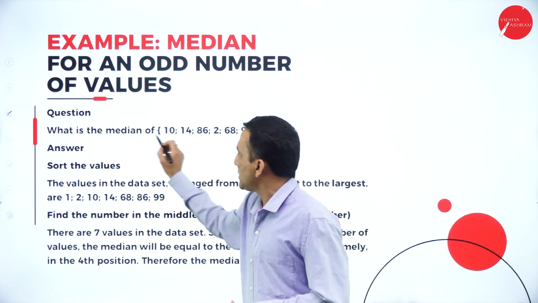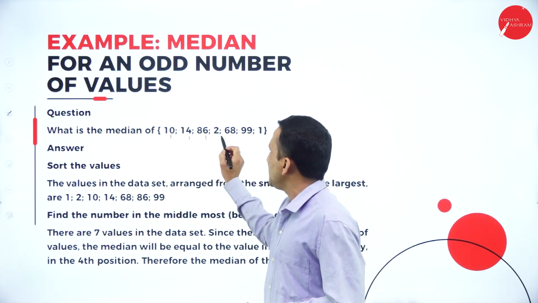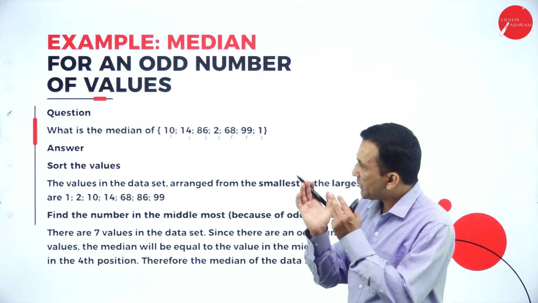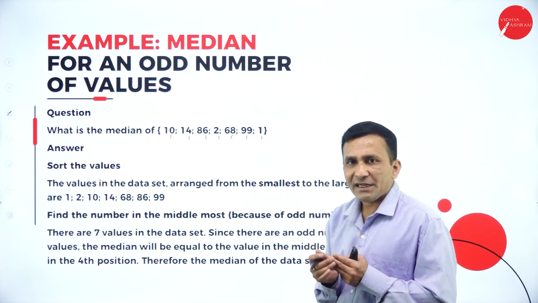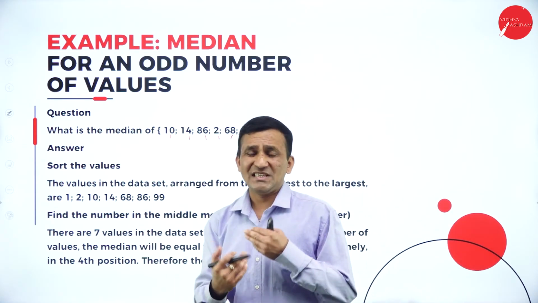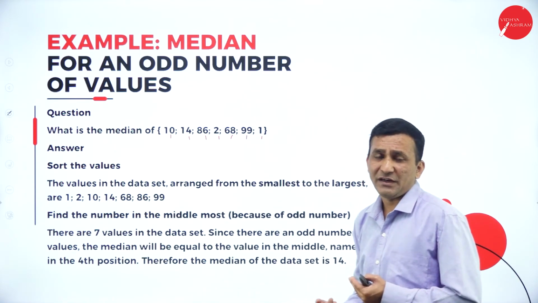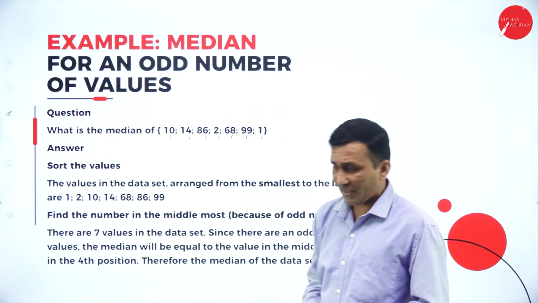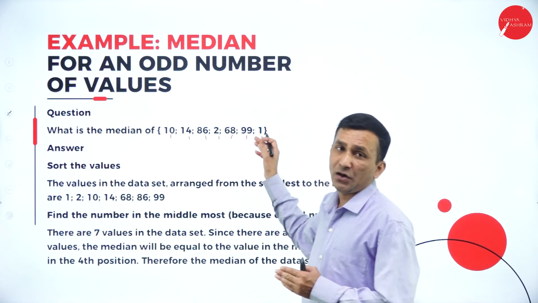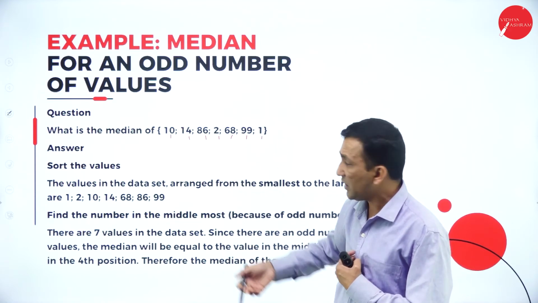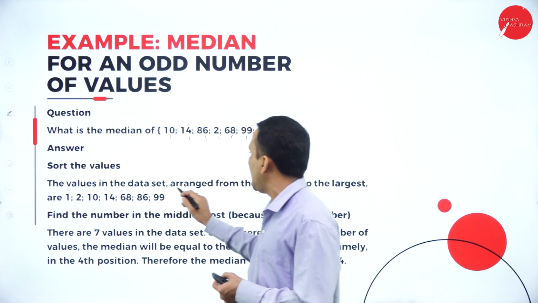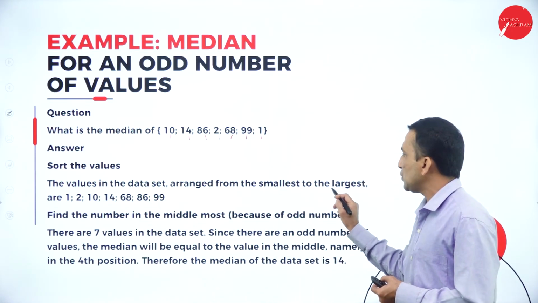In this data, what is the median? The data is 10, 11, 86, 2, 68, 99, 1. This data looks like discrete data. There are no frequencies given in the question. According to the steps I discussed in the previous slide, there are 3 compulsory steps. First, you have to arrange the data in ascending or descending order. The values in the data set are arranged from smallest to largest.